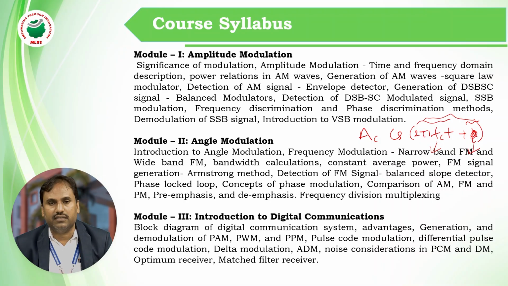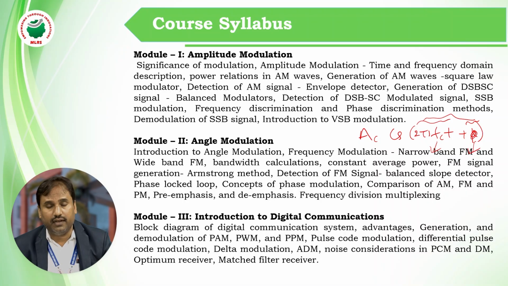And module 3 is an introduction to digital communications. The first two modules cover the analog part, and modules 3 and 4 will cover the digital communications part. Especially we see the digital communication block diagram and advantages, and the digital modulation schemes, advantages, techniques, generations and detections.